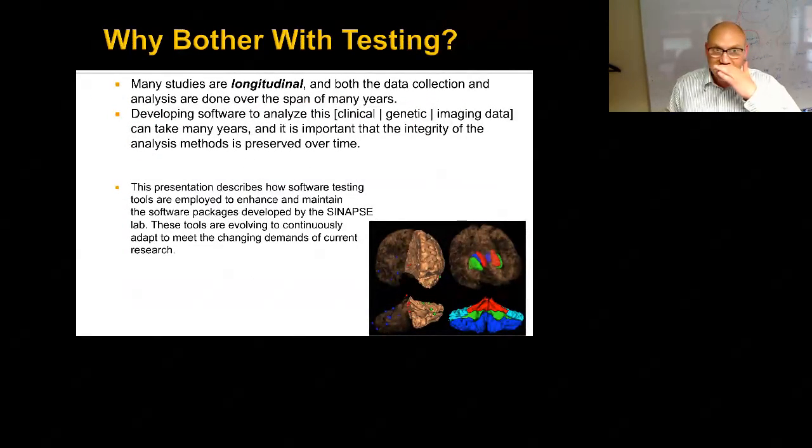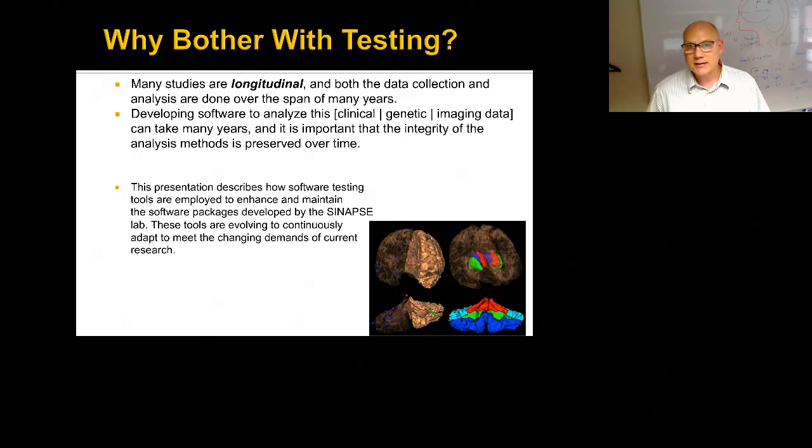So you may be asking why all this emphasis on the testing part of preparing for big data analysis. Well, many of our studies are actually longitudinal in nature, and they're longitudinal in both the data collection and in the analysis that's done over a span of many, many years.